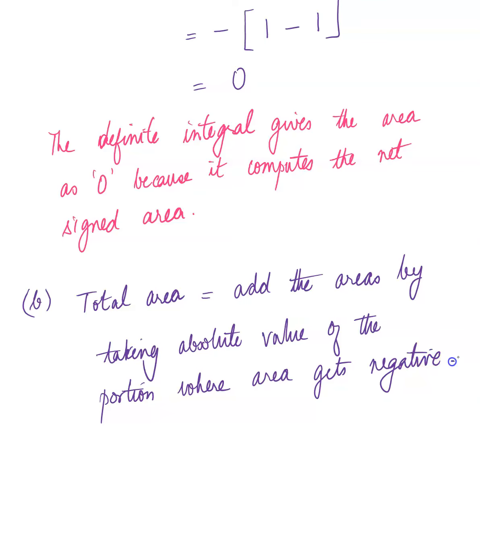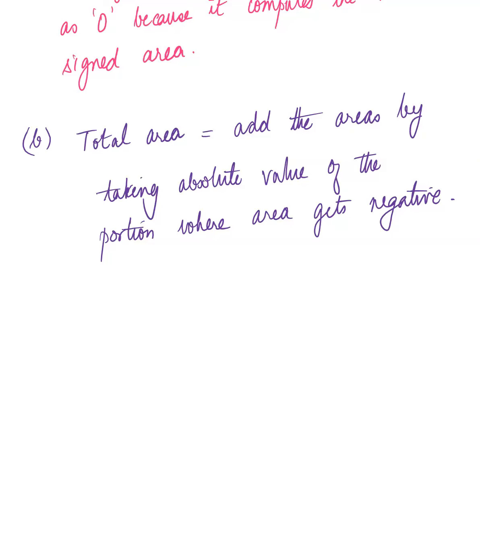A negative area does not make sense, but when we compute the definite integral, it is considering the direction, the placement of the area, and so it is doing the net signed area. But when we say total area, we want the total sum of the area irrespective of its placement, right?